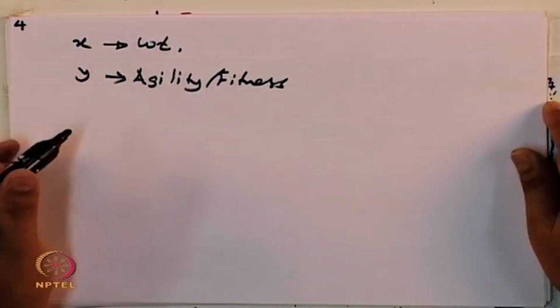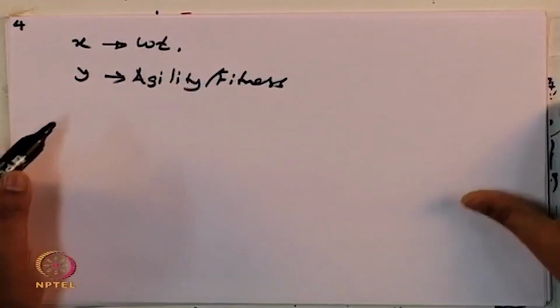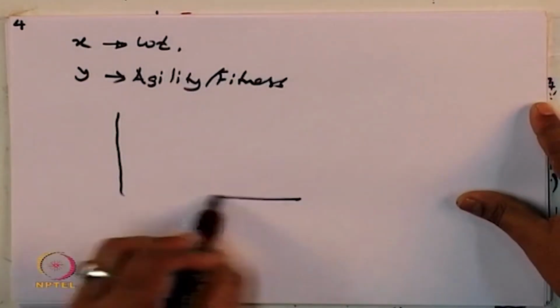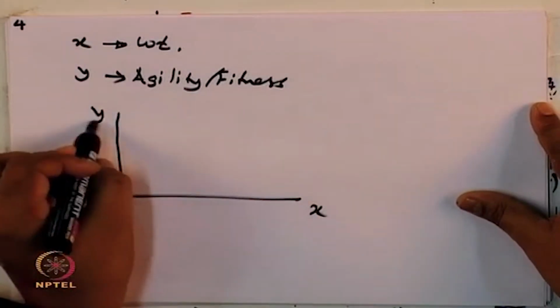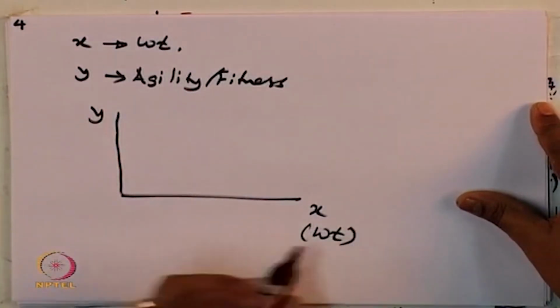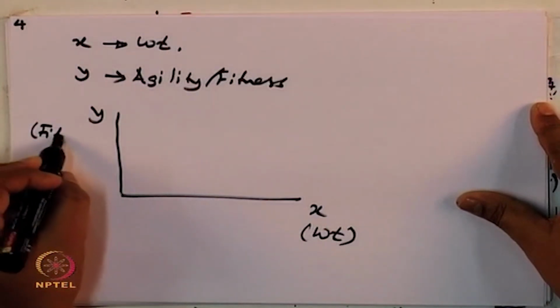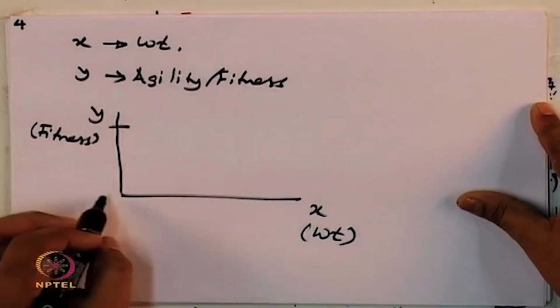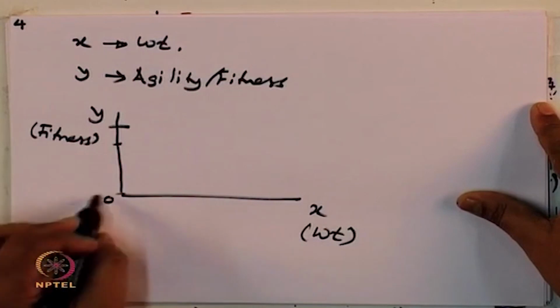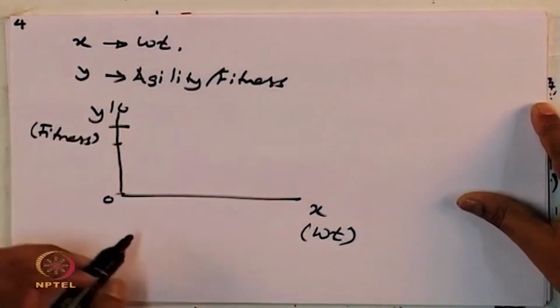Now, logic would dictate that if I were to plot x and y, this is my x, this is my y. So x is my weight axis and y is my fitness axis. Let us say I normalize it to a value between 0 and 10.